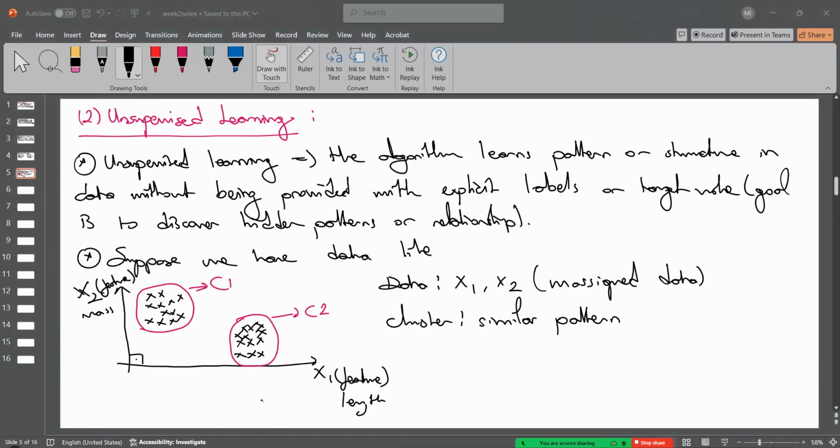Unlike supervised learning, unsupervised learning learns the pattern or structure, which is given as the distribution of the data. And so the mean and covariance or the standard deviation values are similar in that pattern, which means that in class 1. And class 2 has different mean and standard deviation values in here. And this gives us the similar pattern in here.